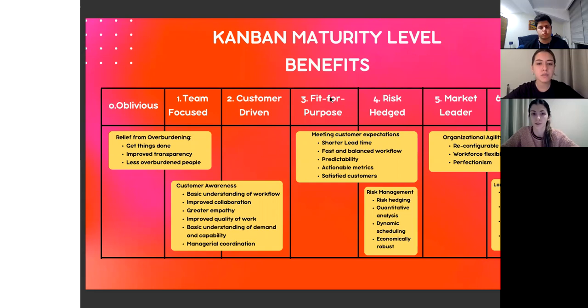Market leader and built for survival have similar advantages like organizational agility, such as reconfigurable shared services, workforce flexibility, and perfectionism. And lastly, level 6, built for survival, includes long-term survival. It helps congruent decision making, robustness to external changes, capability for reinvention, and long-term security.